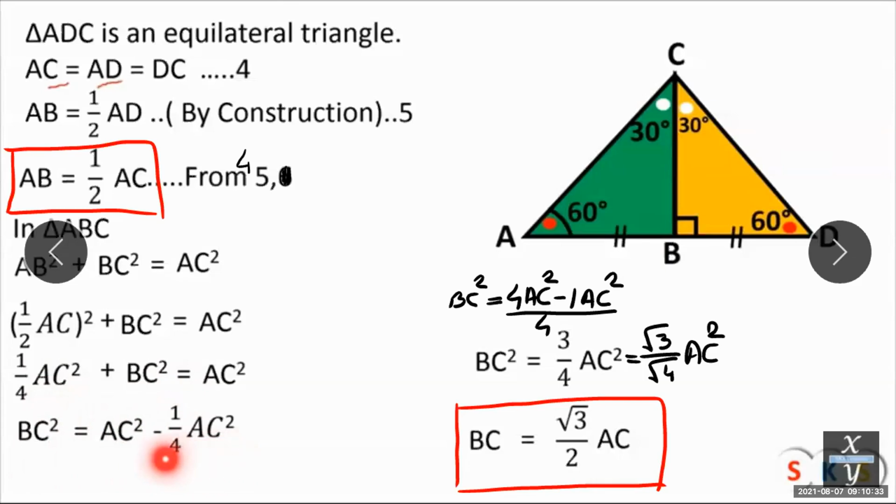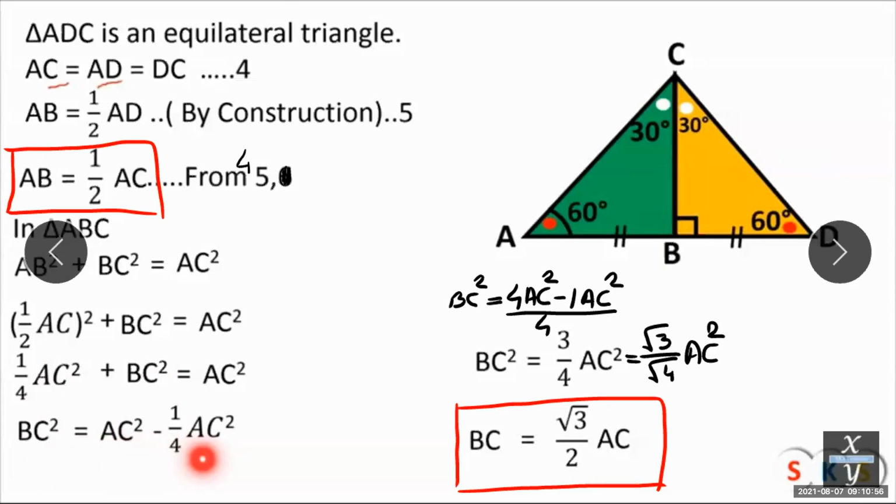Now to subtract: here is AC square, here also AC square, meaning both the terms are similar, so we can subtract. But here the denominator is 4, and here the denominator, which you can't see, is always 1.